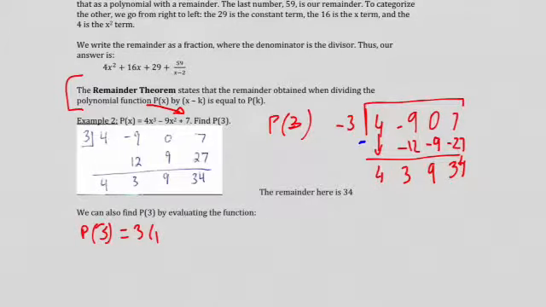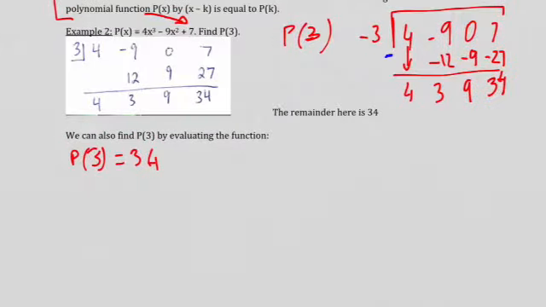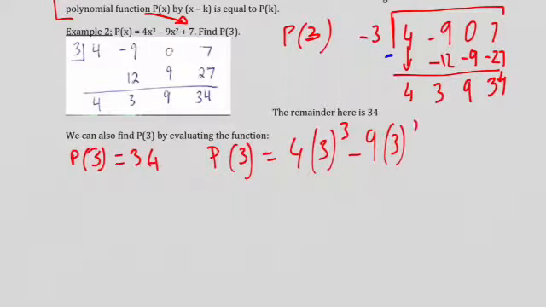Well, you know what? Let's try to substitute 3 inside the expression of P of x. If I want to calculate P of 3, the other possibility is to do 4 times 3 cubed minus 9 times 3 squared plus 7.